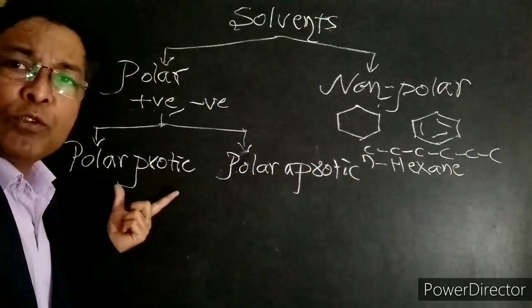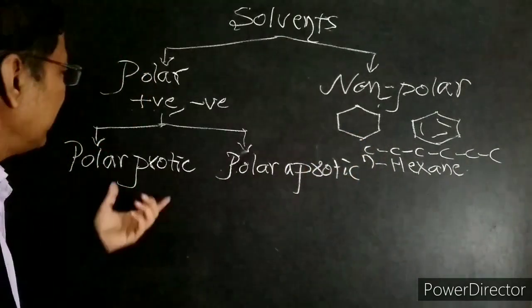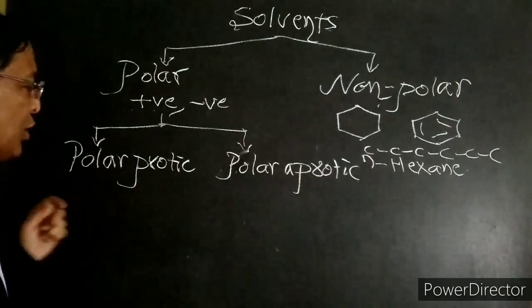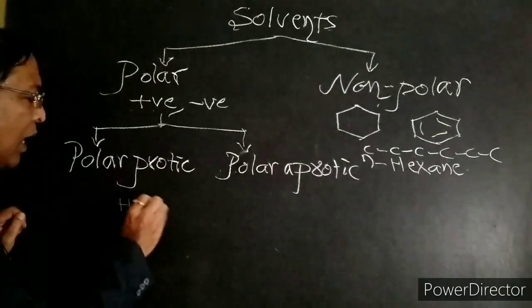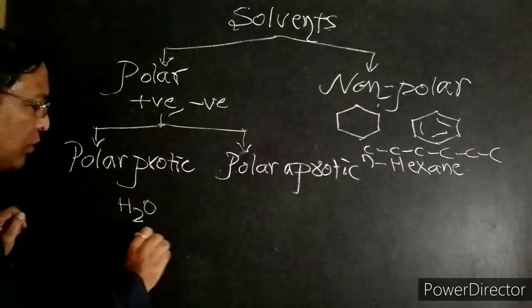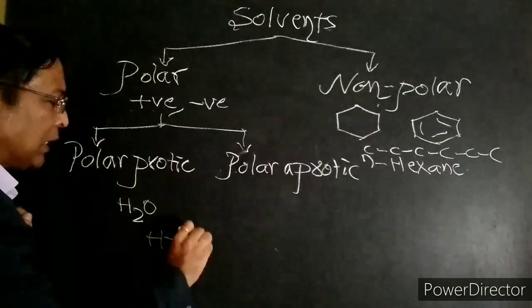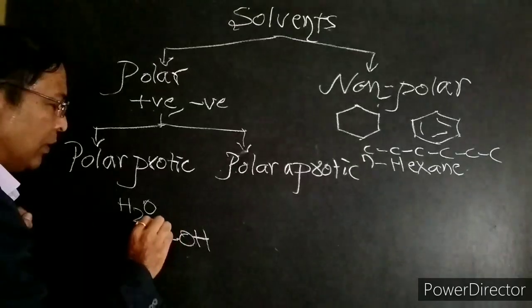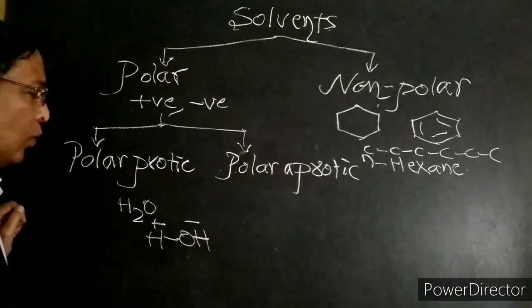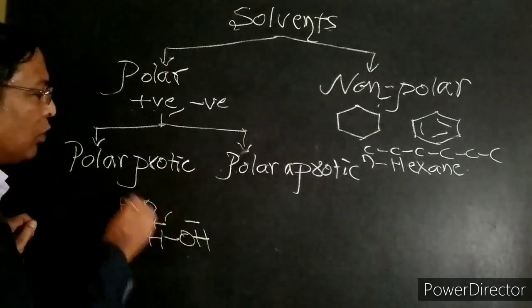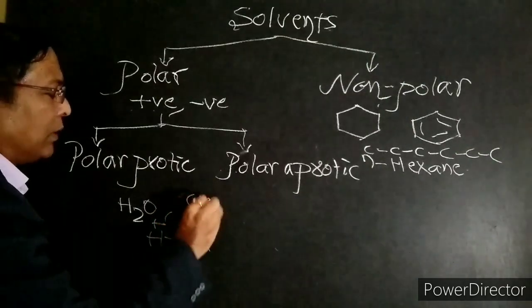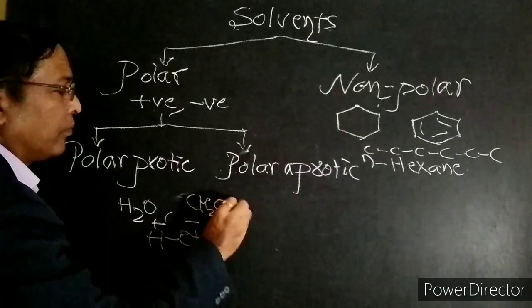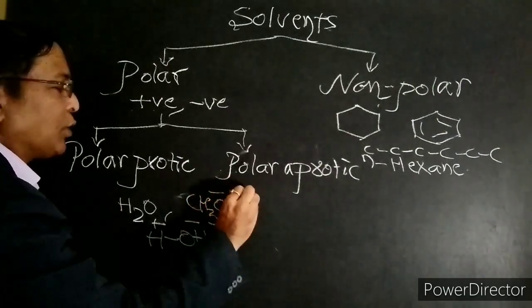Polar protic solvents have positive and negative poles within the molecule and they can produce H plus ions. For example, water is a polar protic solvent. It produces H plus and OH minus ions in the solution. Another example of polar protic solvent is alcohol, for example CH3OH. It can also produce H plus ions.